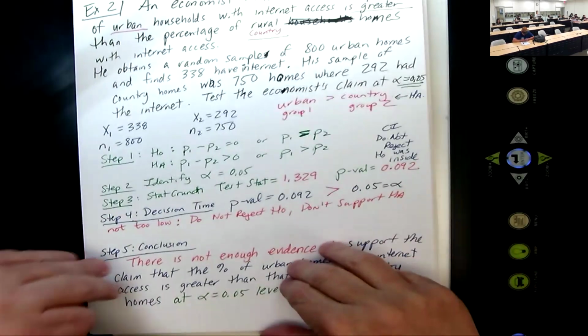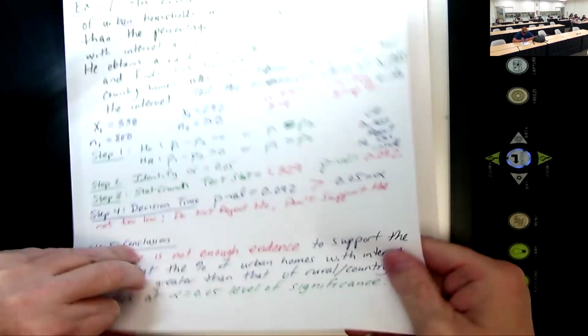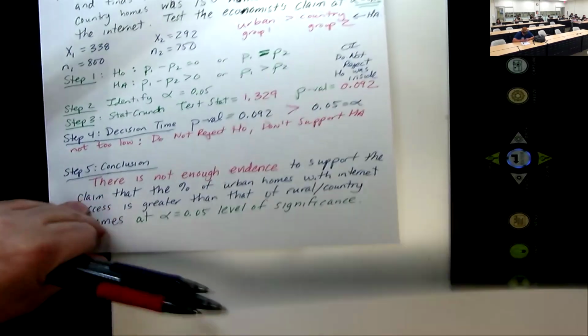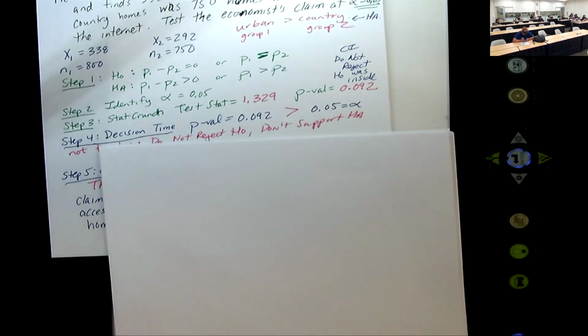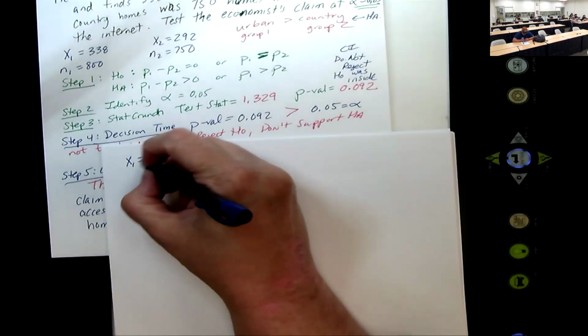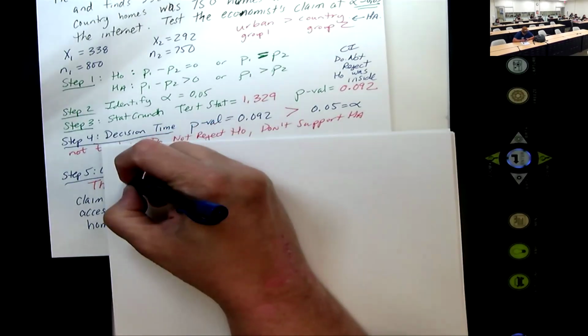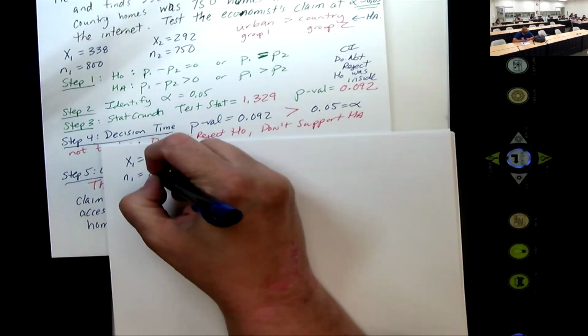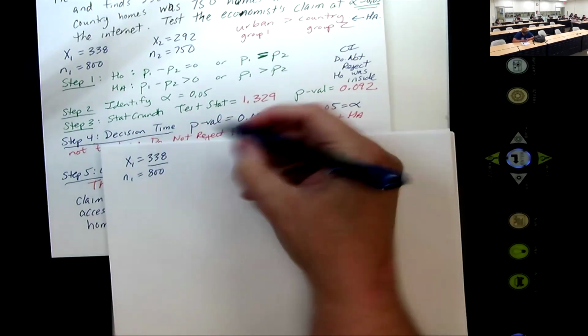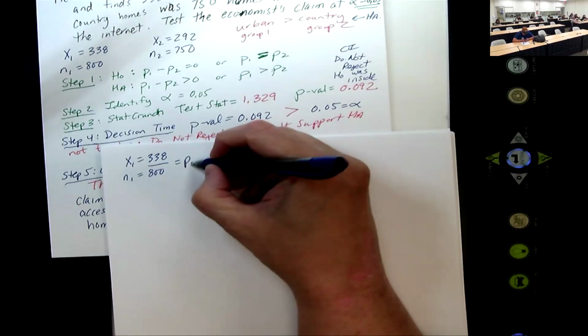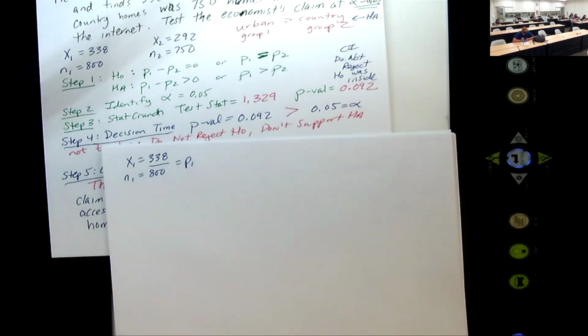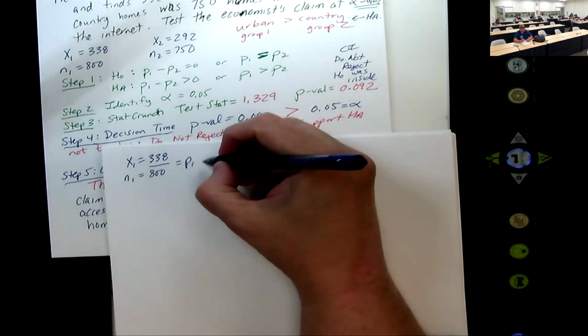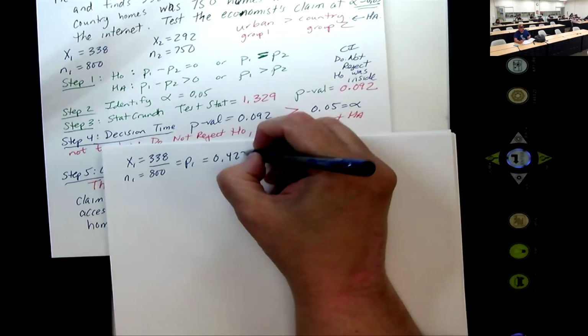Alright. So checking the criteria. We had X1 was 338. N1 was 800. So P1 is 338 over 800, which is 0.4225.